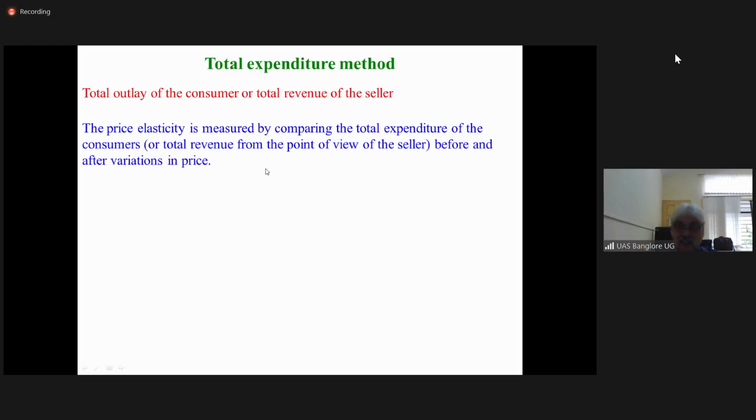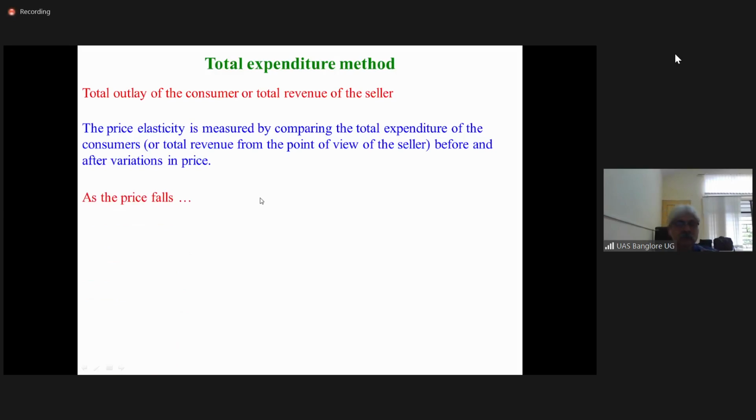If the price increases, then what was the expenditure before the increase in price, and what is the total expenditure after the price increased?